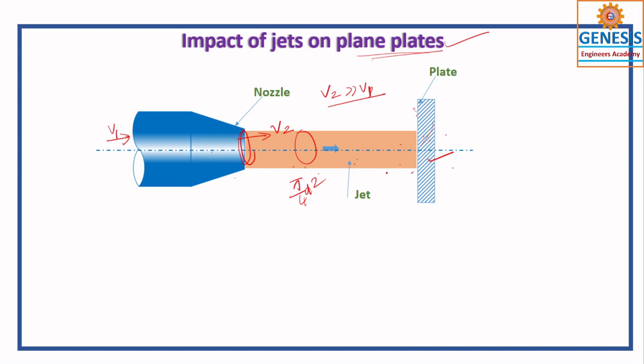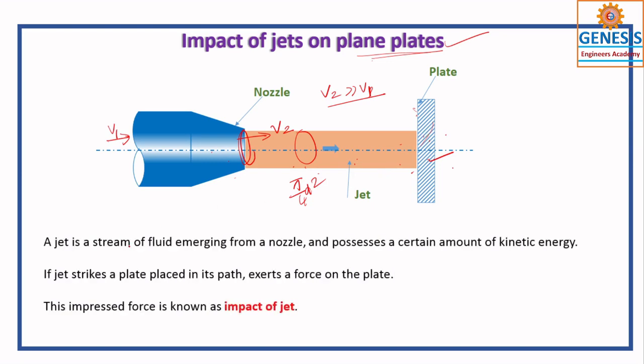Okay, so what is that? A jet is a stream of fluid emerging from a nozzle. That is why you can take it for granted that the water coming out of the nozzle can be treated as a jet, which will have some velocity, and because of that velocity it possesses a certain amount of kinetic energy.